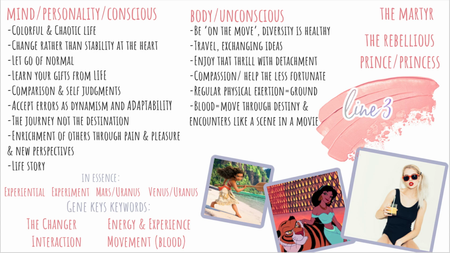You're here to enjoy the thrill of being on the move, but at the same time with a certain amount of detachment. Because when you can do that, you will be some of the most compassionate people out there, and you'd want to help the less fortunate in various ways. You're going to be very compassionate because you understand the human experience, and you are here to have regular physical exertion for grounding.